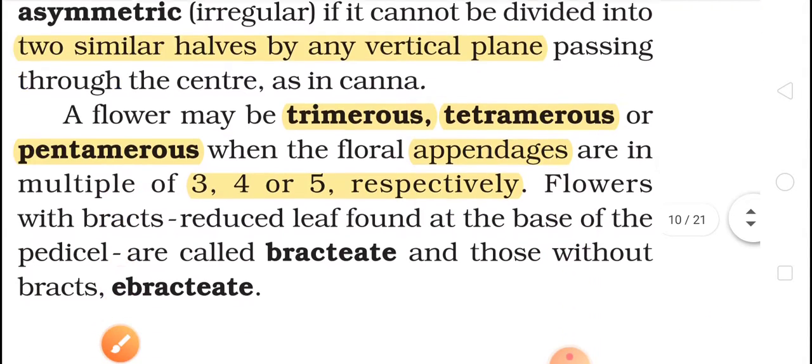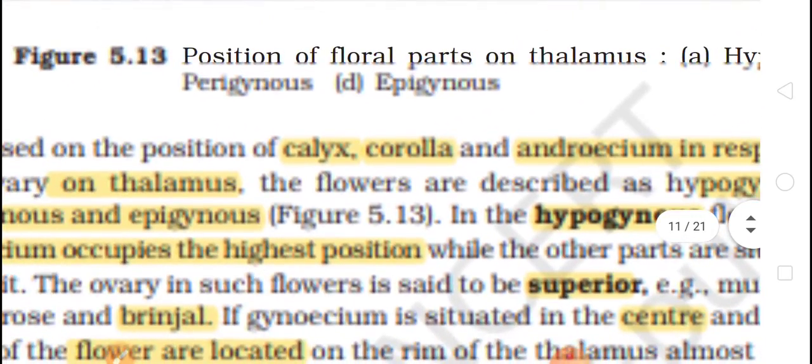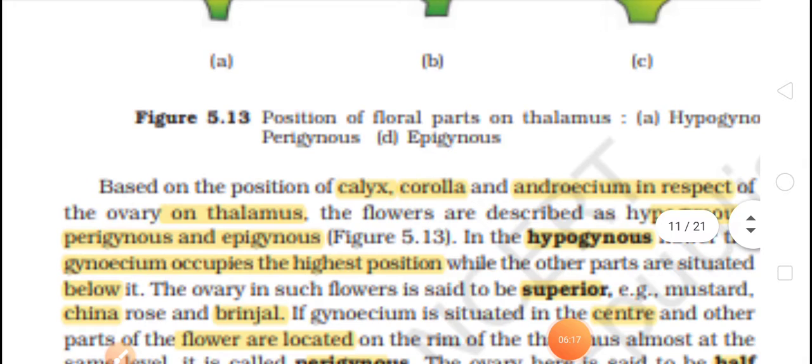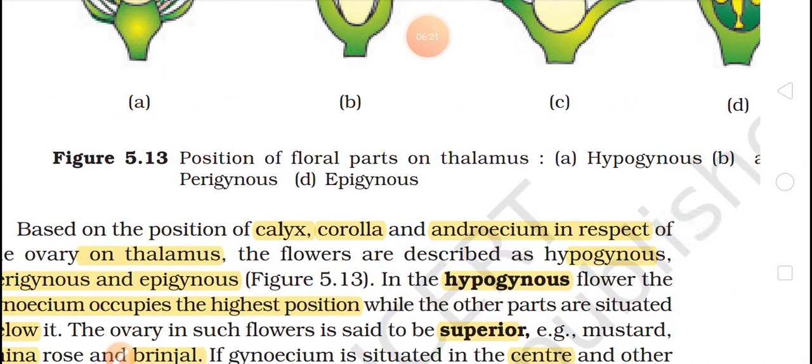Next, children, the flower is also known as hypogynous, perigynous and epigynous, based on the position of floral parts.